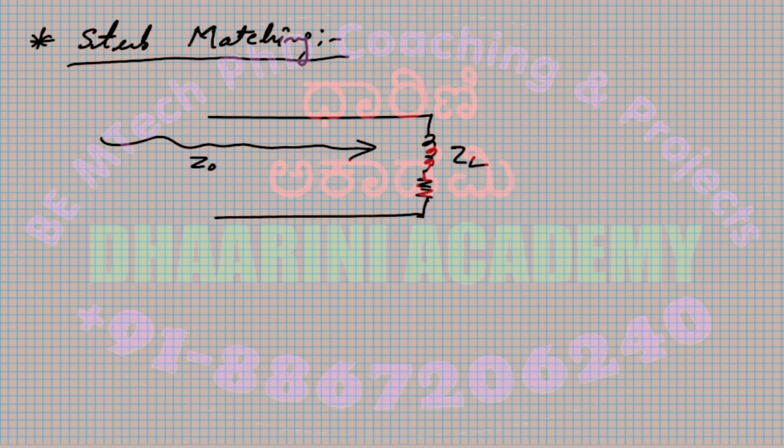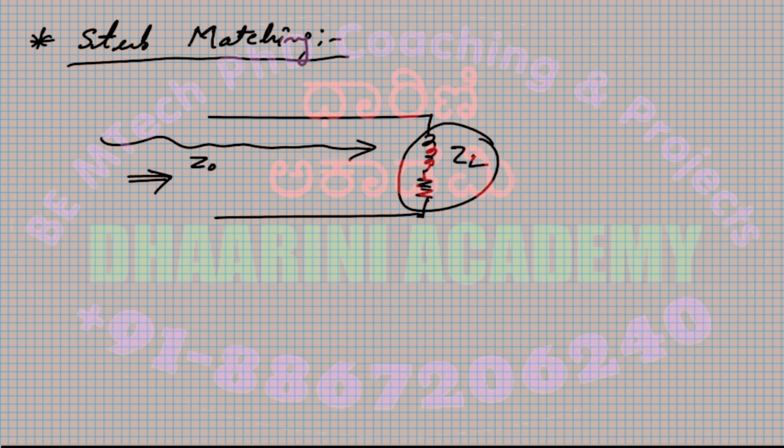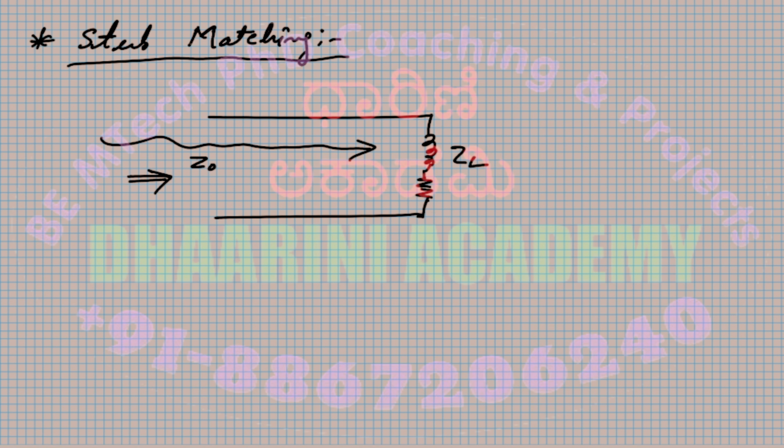So what is the requirement for the power, for the supply? This ZL should look like a real load. ZL looking real means you should cancel the effects of this inductance.